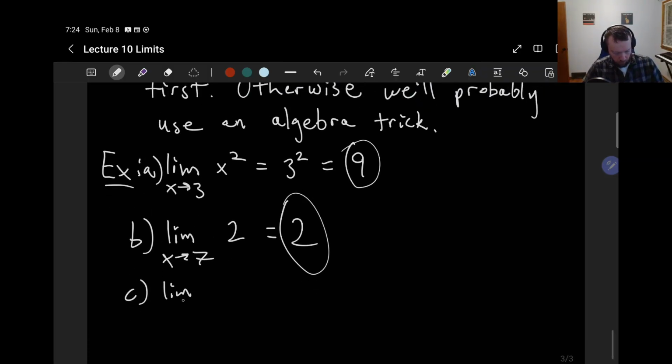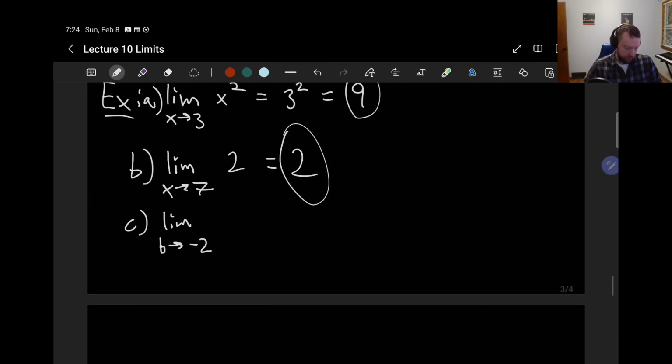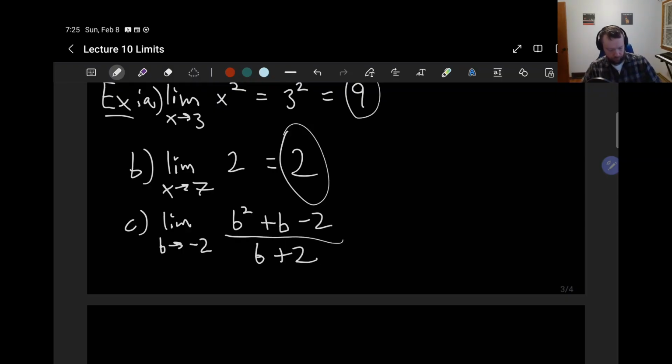Now here's where it gets a little more interesting. For one thing, it doesn't have to be the letter x. That's typically what we use, but could be something else. I'm using b in this example. So as b approaches -2, let's look at this rational expression. I would begin by trying to plug in -2, but you're going to run into a problem pretty quickly.